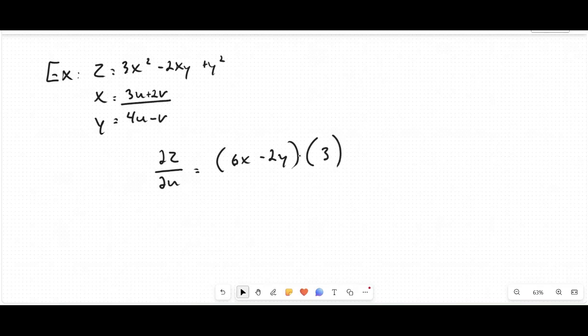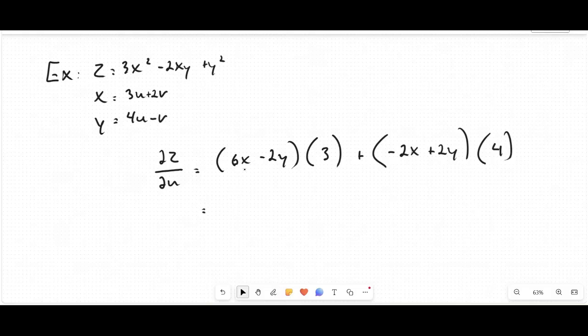Then differentiate z with respect to y, and y with respect to u, that's just 4.